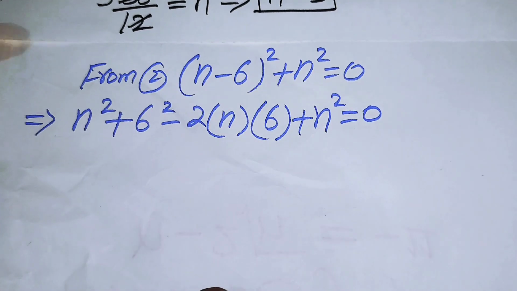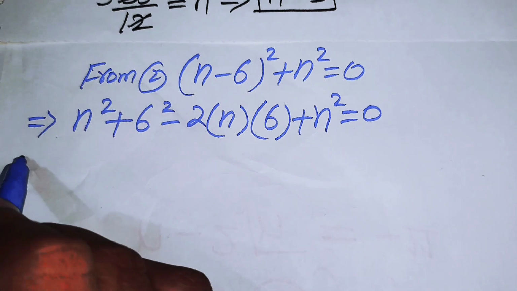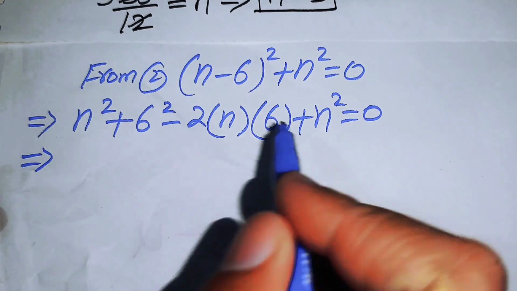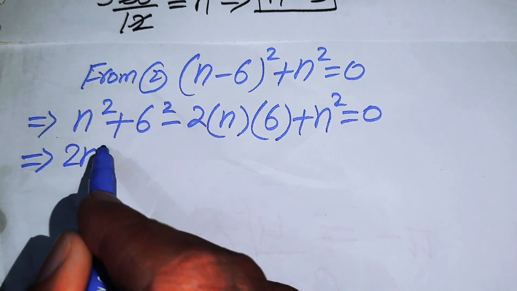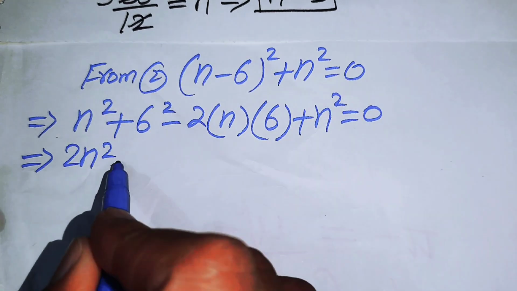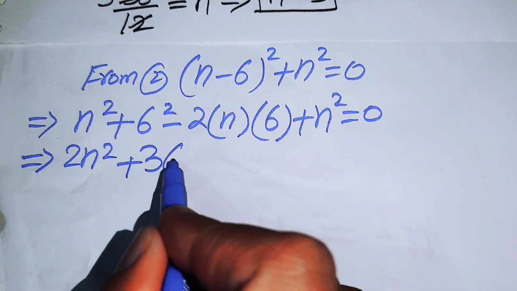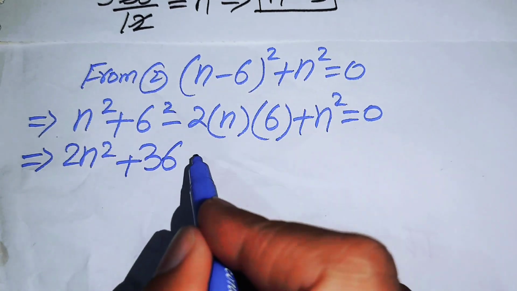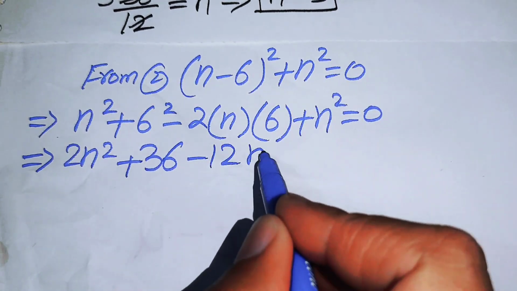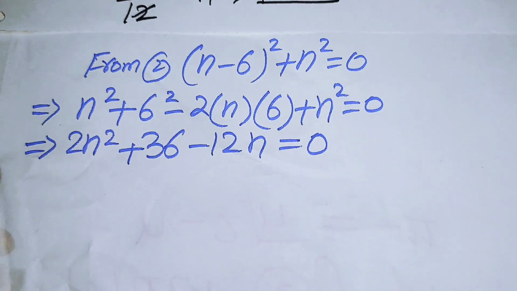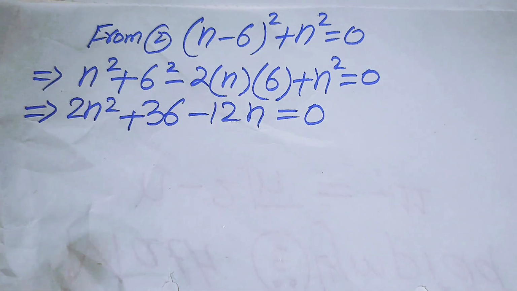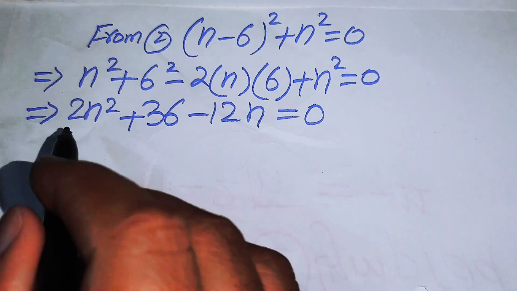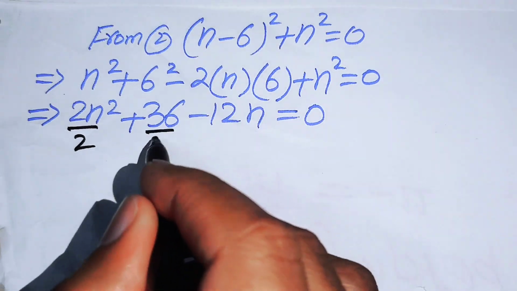In the next step we will make a little bit of simplification. We have n squared plus n squared equals 2n squared, 6 squared equals 36, and 2 times 6 equals minus 12n, equals 0. Now we divide each term by 2 and get its output in this form.